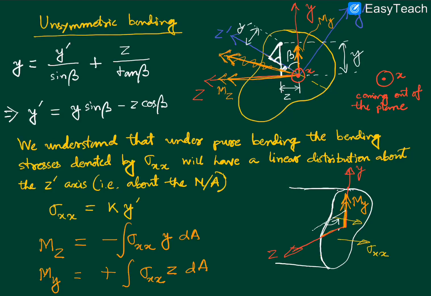Now you see the situation that we are in. It was our choice to orient the y and the z axis in this particular fashion. So we are in complete control of y and z. We know about this. What we didn't know was the orientation of the neutral axis. So our way of depicting the neutral axis was rather an ignorant way of denoting it, basically because we did not know the value of this beta.